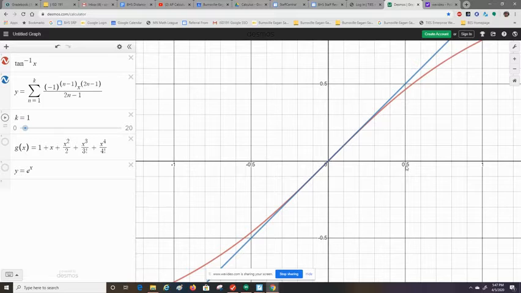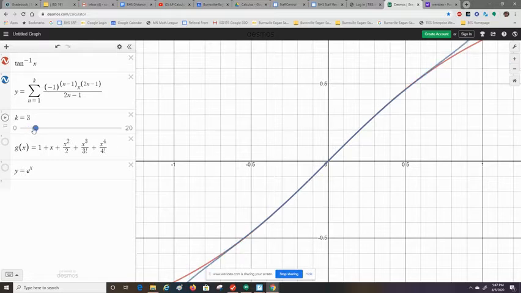The idea of Taylor series and Maclaurin series is that I'm not just going to have the same value and first derivative. I want to have the same second derivative, which I can do by increasing to a second degree. And so now the same value, the same slope, and the same curvature.